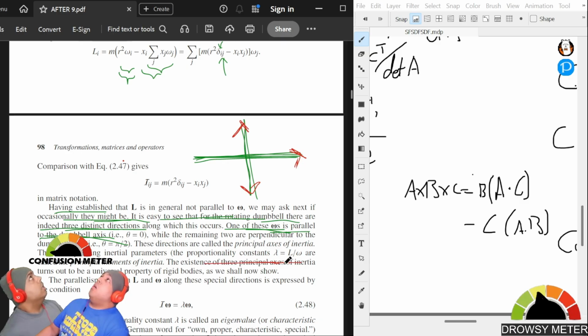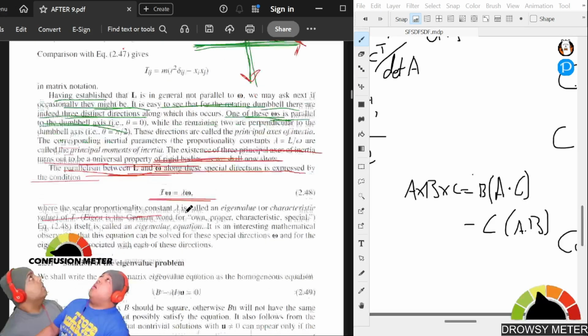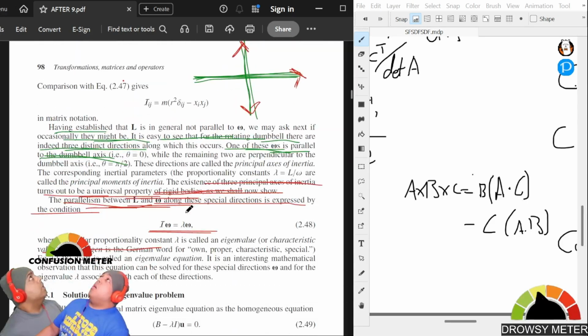The existence of three principal axes of inertia turns out to be a universal property of rigid bodies, as we shall now show. The parallelism between L and omega along these special directions is expressed by the condition I omega equals lambda omega, where the scalar proportionality. What am I even reading?